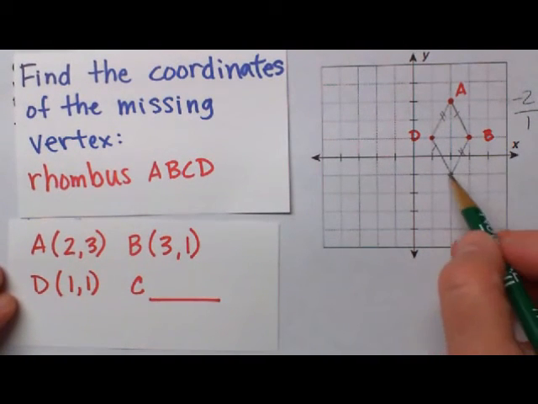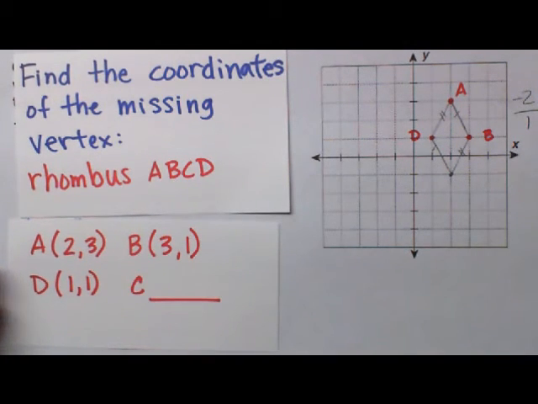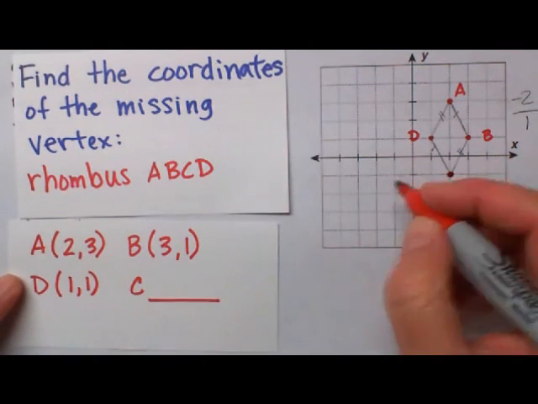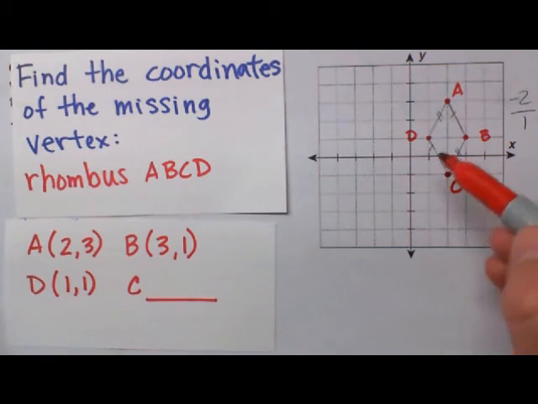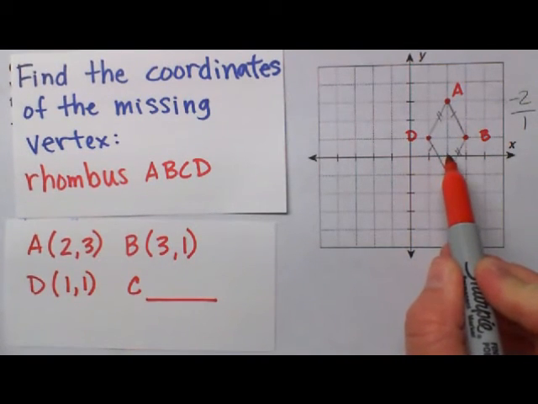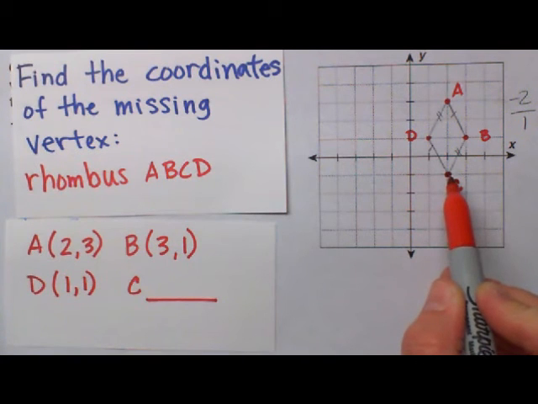So the last thing to do is find out what the ordered pair of this point is. Go ahead and ink that guy in. I'm going to call him point C, and the ordered pair is over 2, down negative 1.